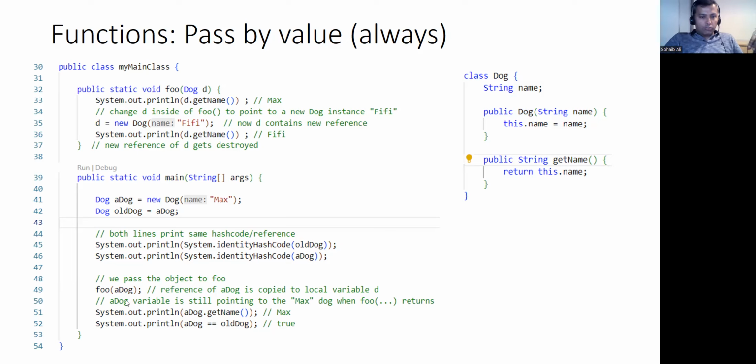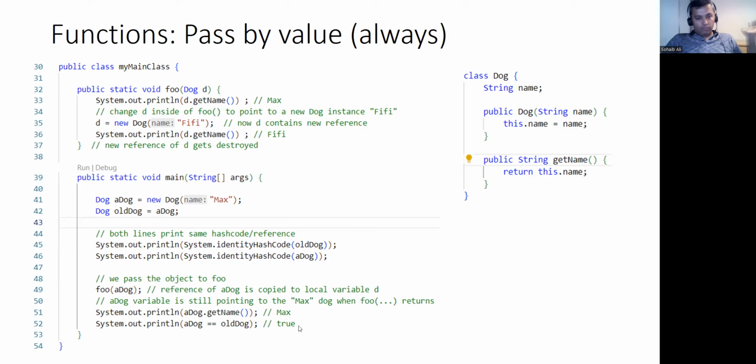Once we come out of this foo function, you will see that in this line, aDog.getName, these two objects exist within the scope of this main function, and therefore it will automatically print Max. And if you do this double equal comparison of two objects, it will check whether the hash code of aDog is equal to the hash code of oldDog or not.